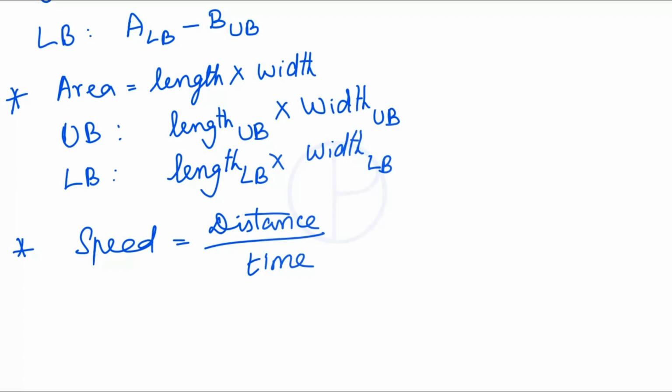Whenever you get a fraction question like this, to get the upper bound of the fraction, take the biggest number as the numerator and the smallest in the denominator. To get the lower bound value for speed, take the upper bound of time.